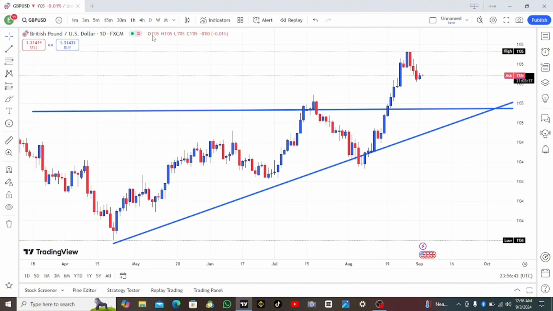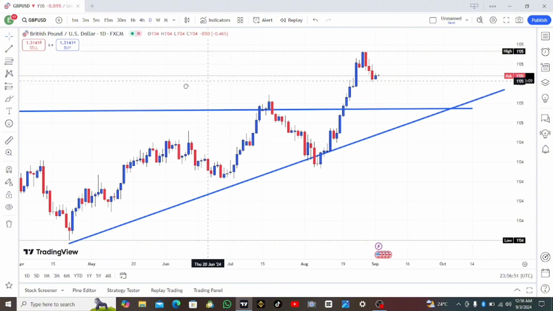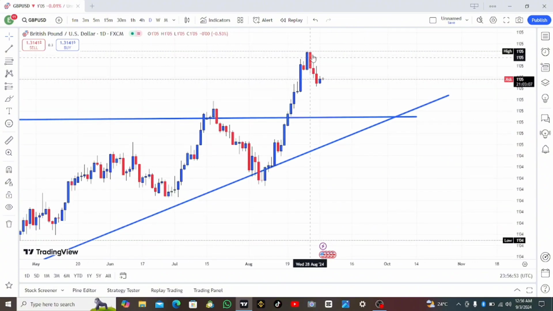Right, so since I've switched to my daily time frame, I'll see what the market is saying from the daily. And actually the market is on a downtrend right now, because just bear in mind that this is a higher time frame, and we have seen this bearish push to the downside, and this bearish candle.